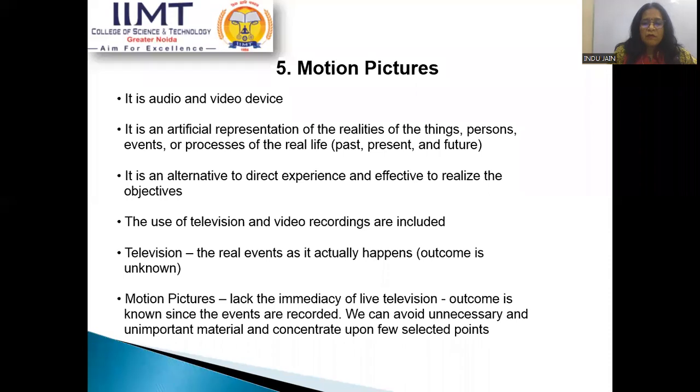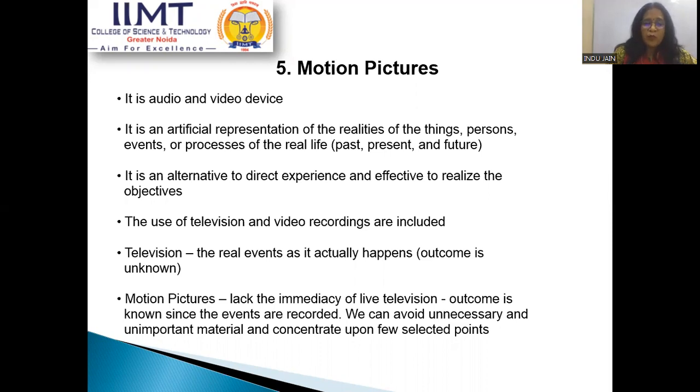Next one is the motion pictures. Motion pictures are much more concrete than still pictures because they have audio and video both. So they also create interest.